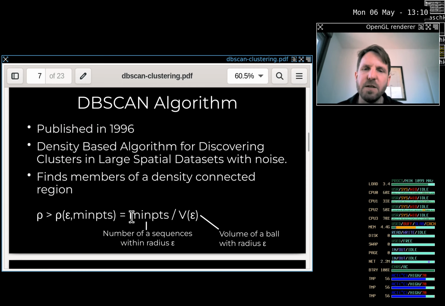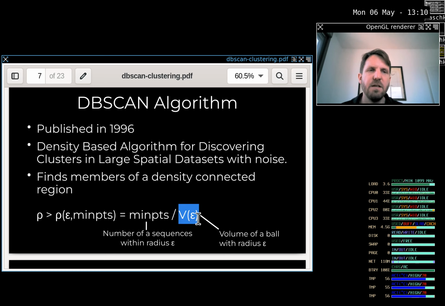What is the density criteria? Basically we search for a number of points in a specific volume. This volume is defined by a radius, and in a higher dimensional space it is of course a hypersphere. In this hypersphere we must exceed a minimum number of points, and this gives you a density: some objects divided over a volume give you a density.